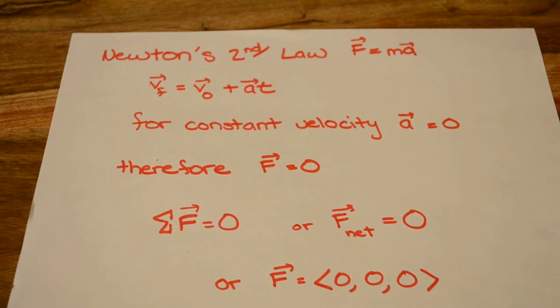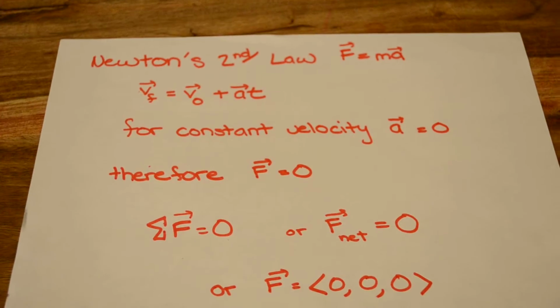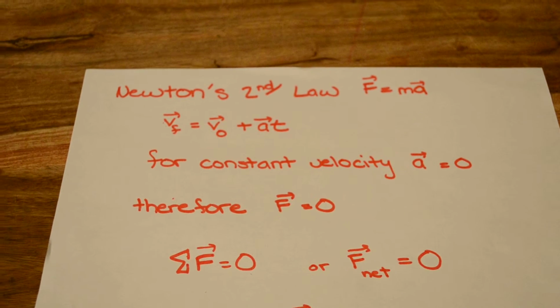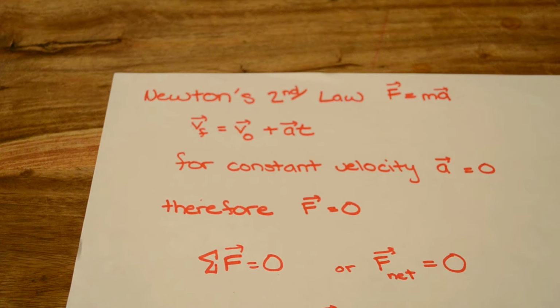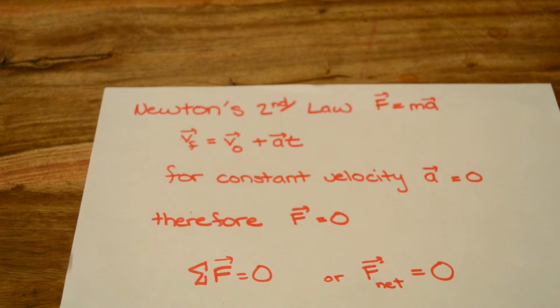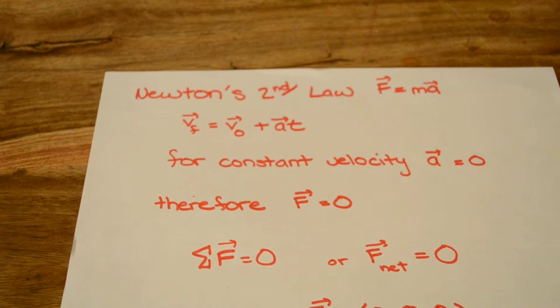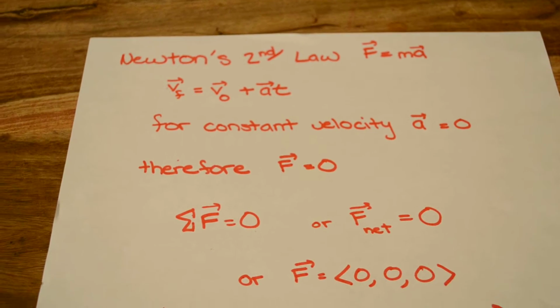Now, Newton's second law tells us that force equals mass times acceleration. From one of the constant acceleration equations, we know that final velocity equals initial velocity plus acceleration times time. So for constant velocity, acceleration has to equal 0.